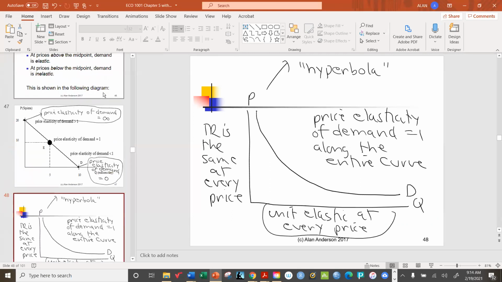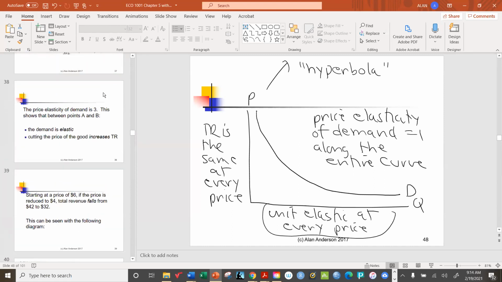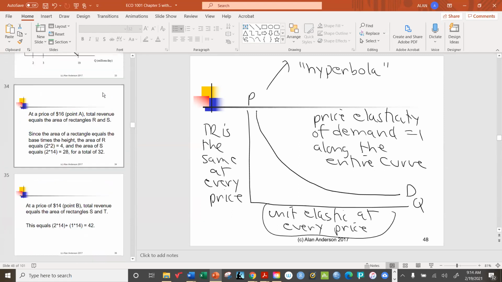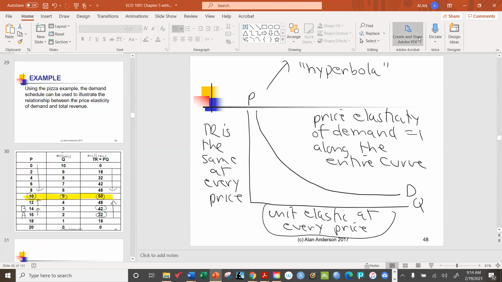All right, so let me show you 2 extreme cases, and then this should basically finish our discussion about the price elasticity of demand.